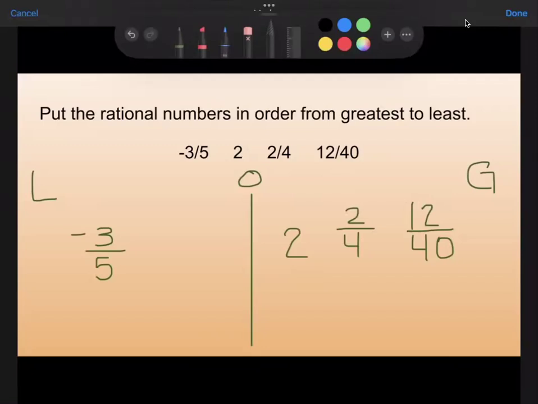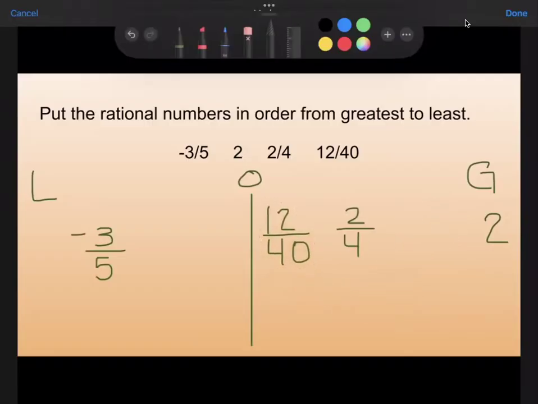I have to move this 2 over here towards the greatest because that is 2 whole numbers, and both of those fractions are not whole numbers, they're less than a whole number. 2 over 4 is equivalent to 1/2, and then 12 over 40 has to be less than 1/2 because half of 40 would be 20. So I'm going to go ahead and move this one over here.